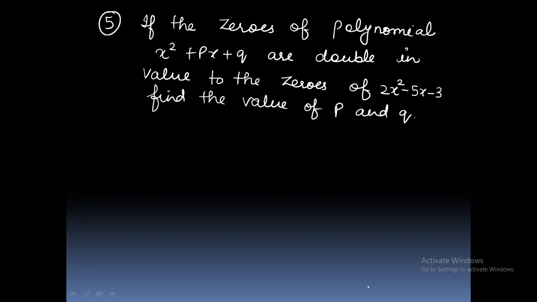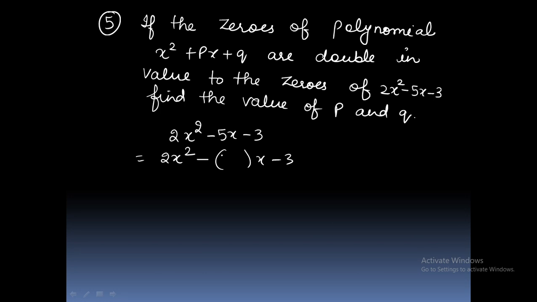For solving this question, first of all, we will write 2x raised to power 2 minus 5x minus 3, and now make its factors. 2 times 3 is 6.